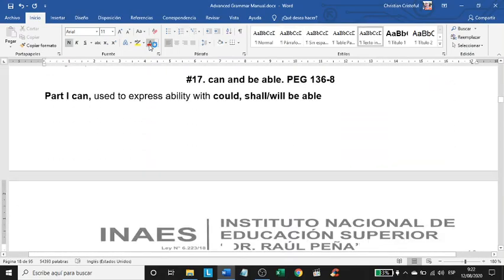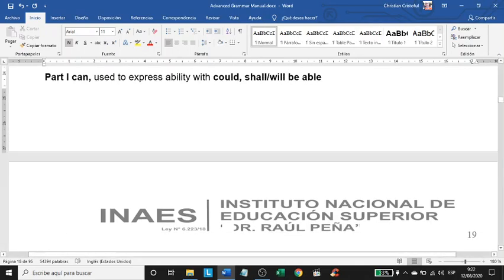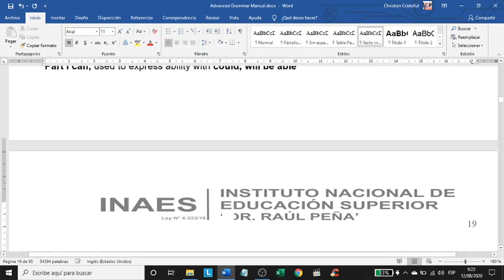Remember that. Number 17 says can and be able to. Let's write be able to instead. Be able to. Part 1. Can used to express ability with could and will or be able. Let's eliminate this shall, if used only in British English.